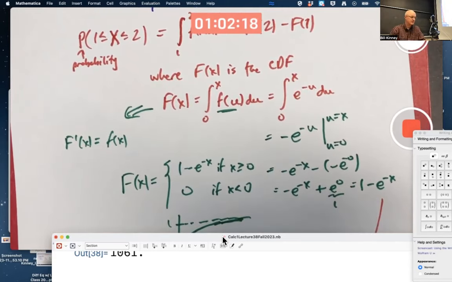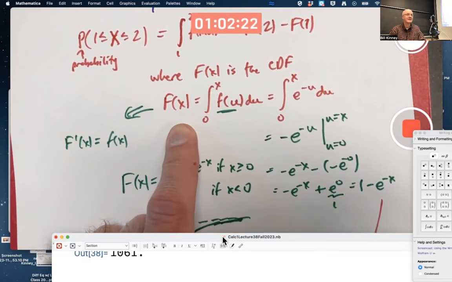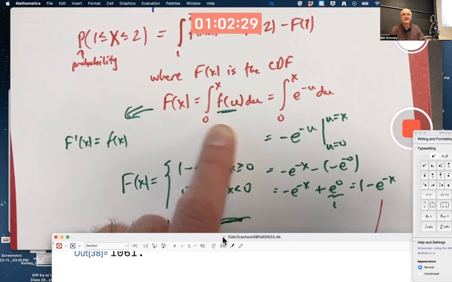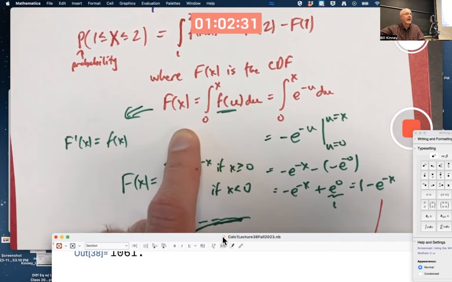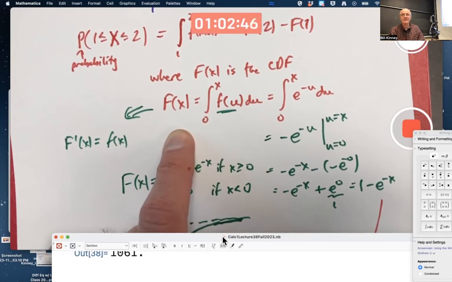But it turns out to be true in harder examples where the capital F function doesn't have a simple formula. Maybe this is the normal curve and you get ERF. Maybe it's something else and you get something involving that gamma function from the other day. The principle still works. And it's still a useful thing because you can still use numerical integration, Riemann sums, to approximate integrals and therefore approximate values of capital F. This is all stuff that people do.